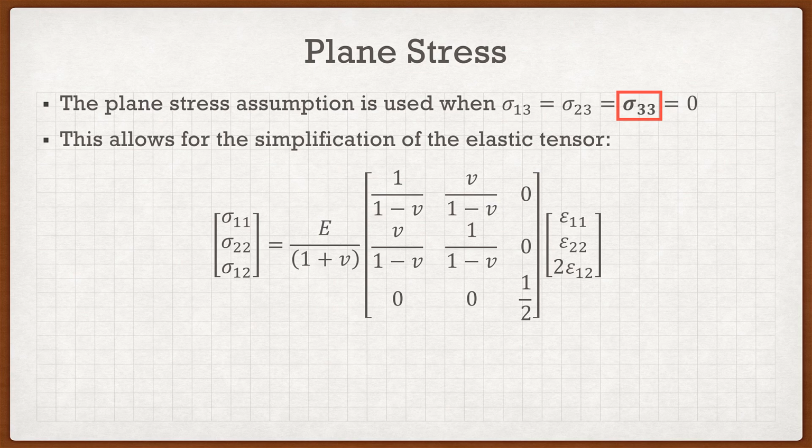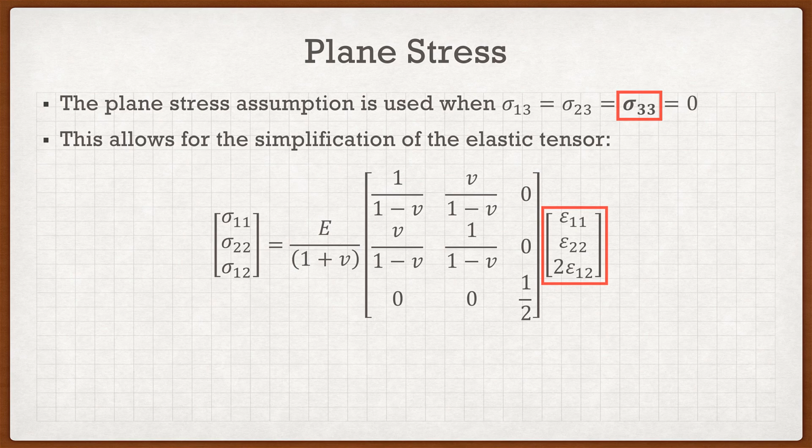So if we look at this, it's the same thing we had before where if we're trying to solve for the stresses, we need 2 different things. The first is our new simplified elasticity tensor. And if we look, again, the only thing that's in this is going to be E and V, which we already know. Now, the problem that we had before was this strain vector because it had components that we didn't know, such as epsilon 3,3, epsilon 1,3, and epsilon 2,3.